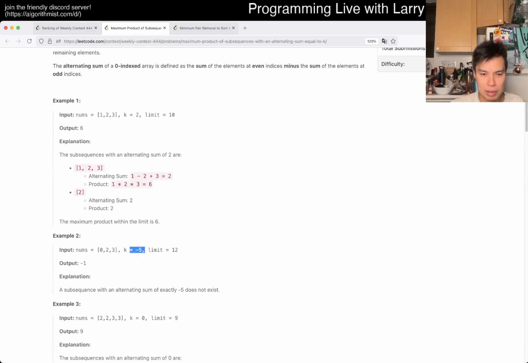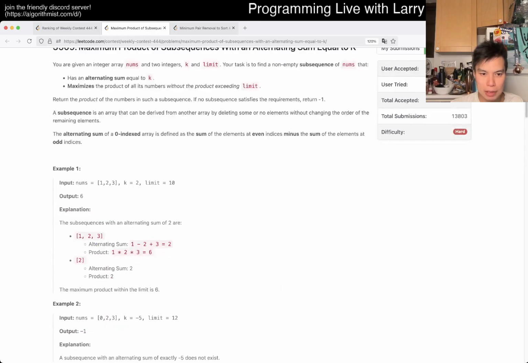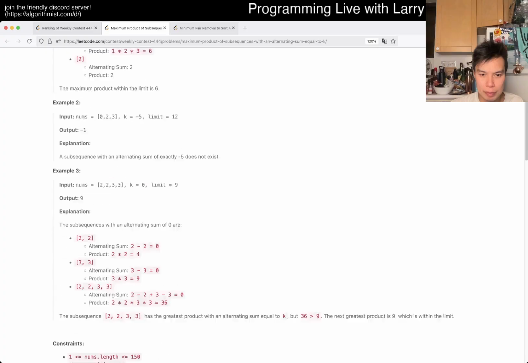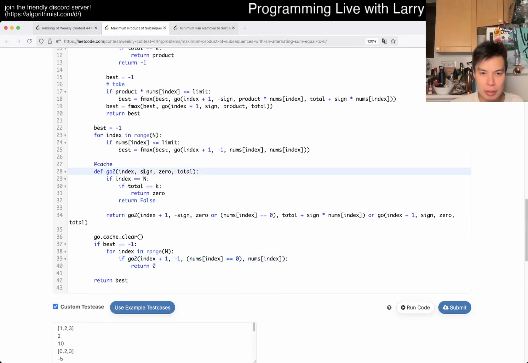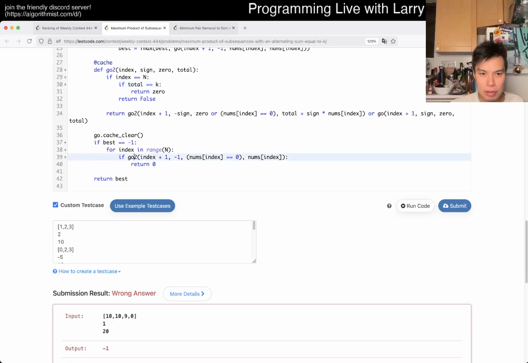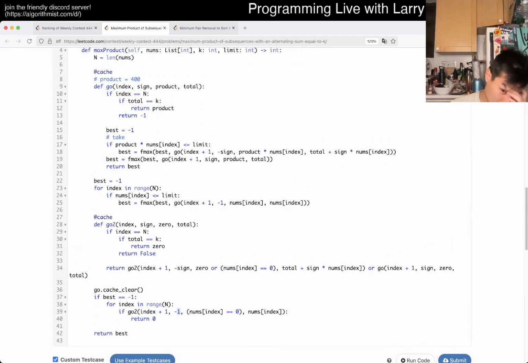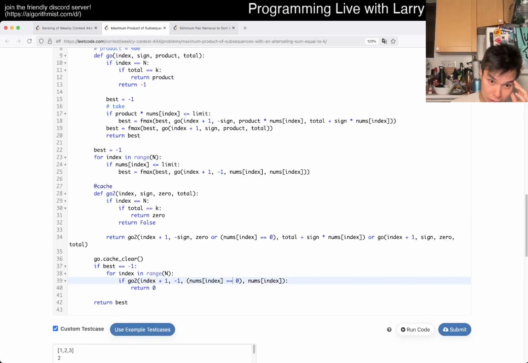Because -5 doesn't exist, but why does it think it exists? So this is plus on the nums index. So do I not, if total is equal to k, return 0. So why is it, okay. Go2 index plus 1, -1, because we took this number and this is a 0, right?